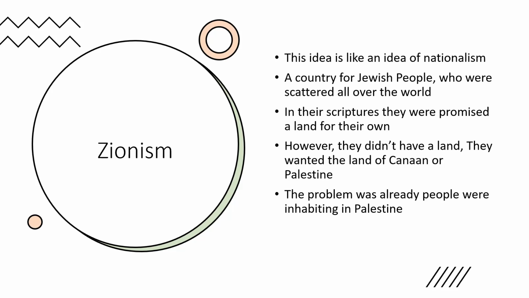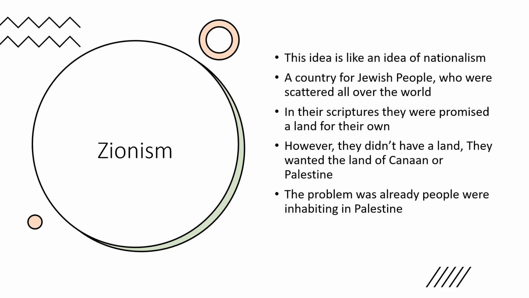The problem was that their idea of nationalism or Zionism, whatever you say, it's the same concept, right? You want to have a country where you share the same customs and the same religion. So Zionism is also kind of nationalism. Now, it included a land that was already inhabited by other people, the Palestinians.